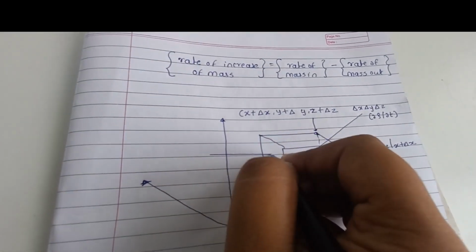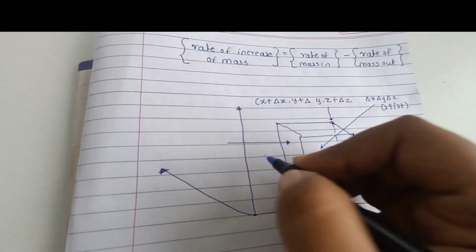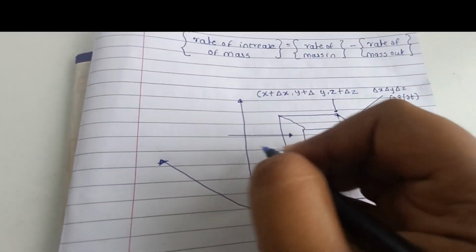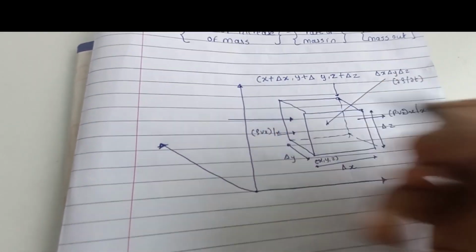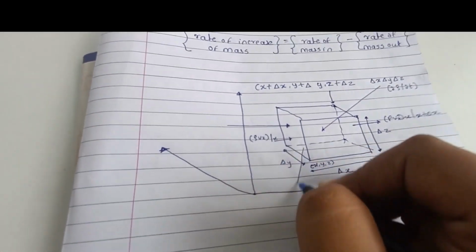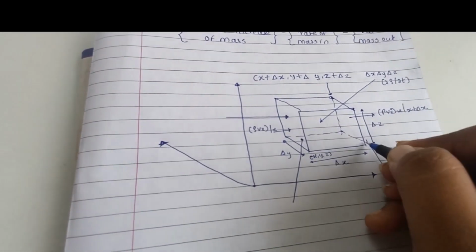We can represent the rate of mass out of the cube as density into velocity. Density has the dimension kg per meter cube, while velocity has the dimension meter per second. We multiply both, and with area in meter square we get the rate of mass, that is kg per second.